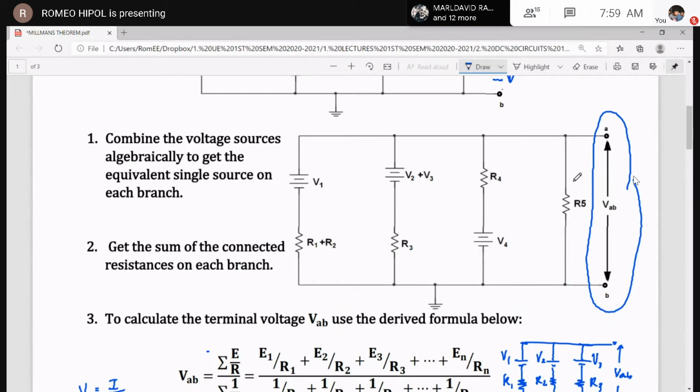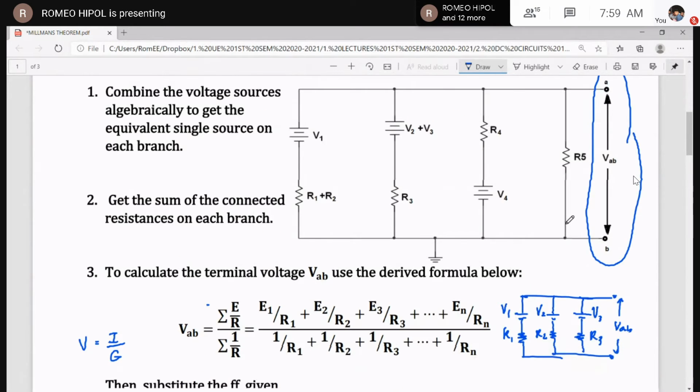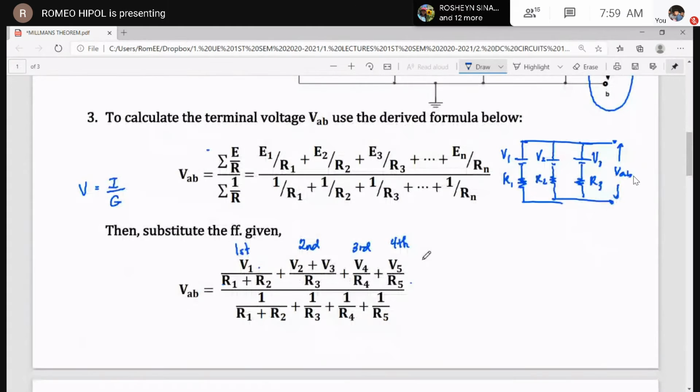Since there's only one resistor connected at the fourth branch, the peak voltage is equivalent to 0. Naintindihan? Okay.